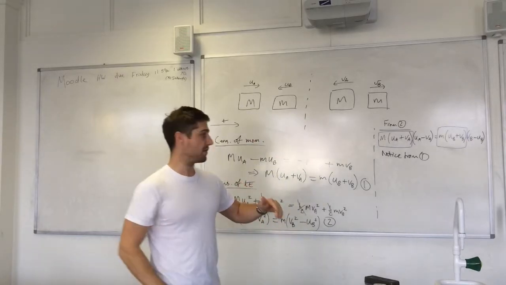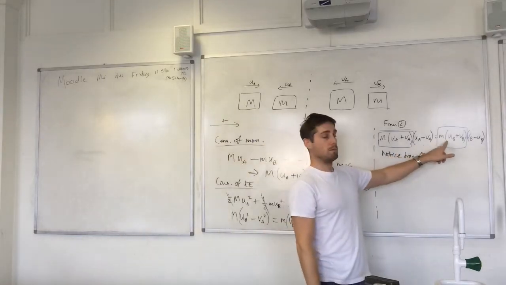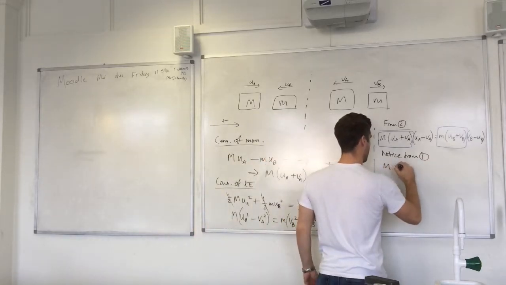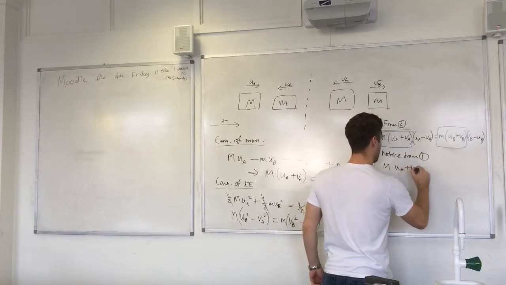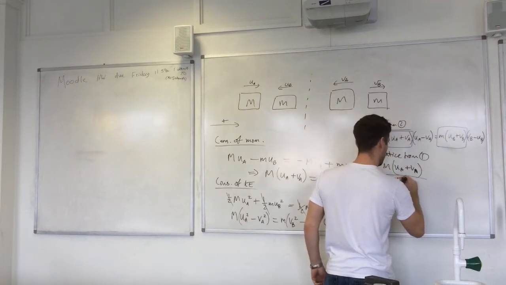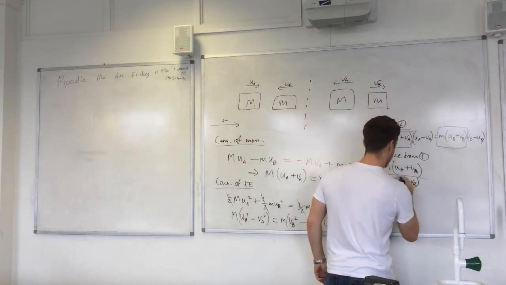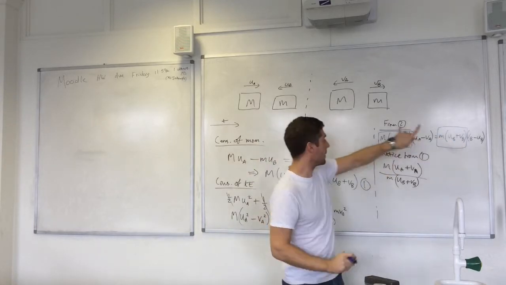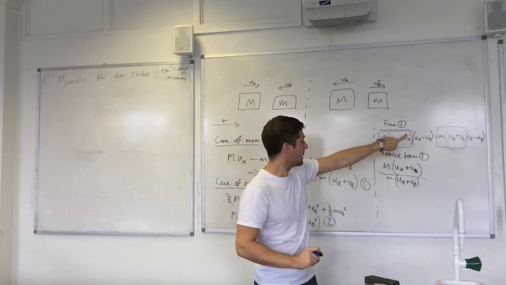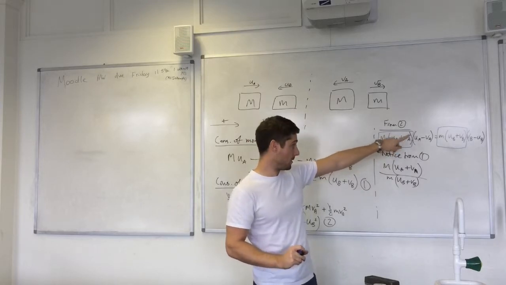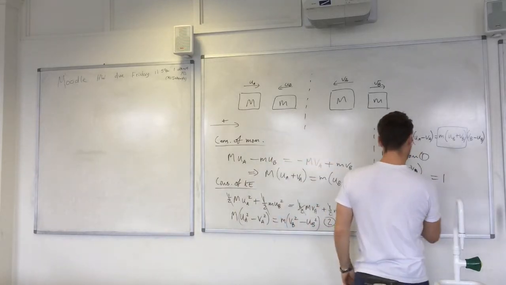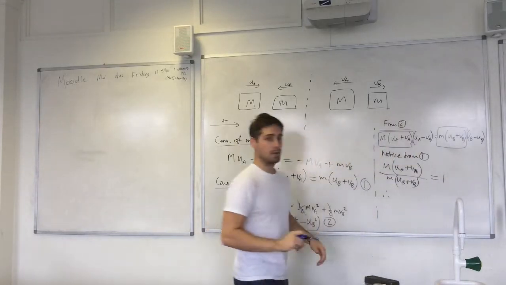So if we divide both sides of the equation by m(UB plus VB), then this side, that term divided by itself will become 1, but so will this, because it's equal to that term. If we divide that by that term, then it will be equal to 1 as well.